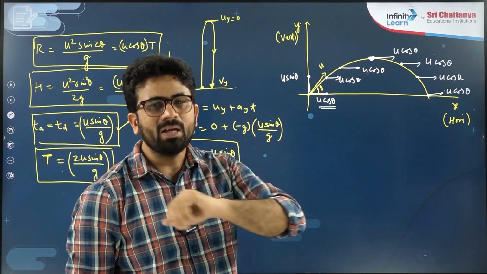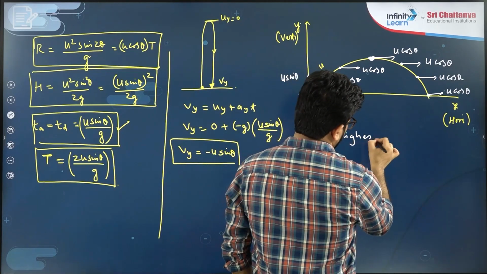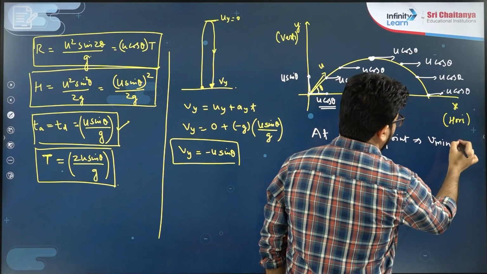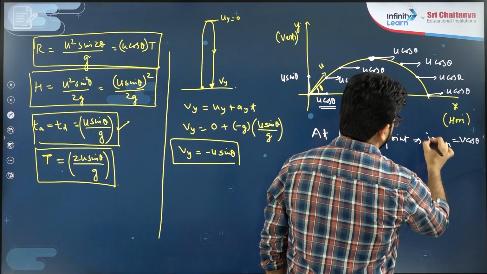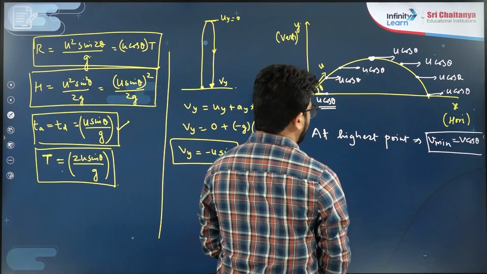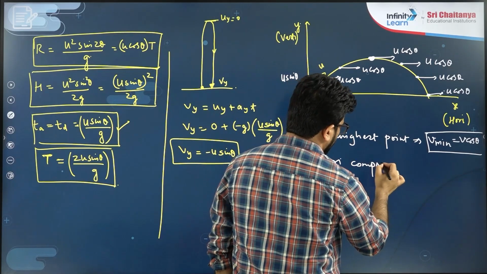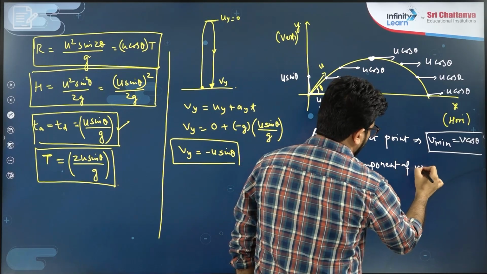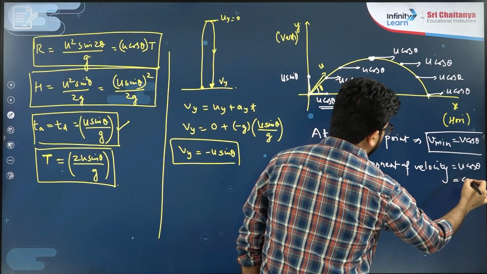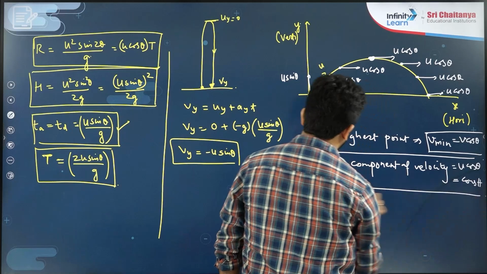That means that would be the minimum value. So at the highest point the speed is the minimum value, and that value is equal to u cos theta. It's a very basic thing. And the horizontal component remains the same. Horizontal component of velocity is equal to u cos theta, and that is constant. This thing we have understood from these basic calculations.